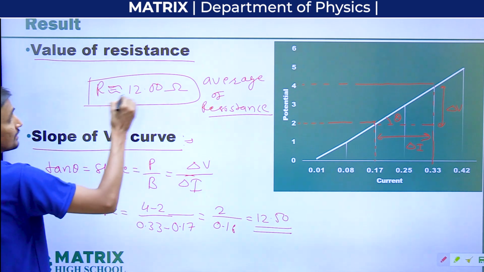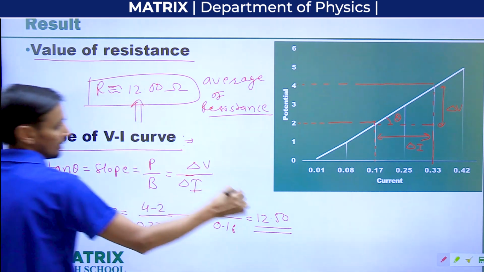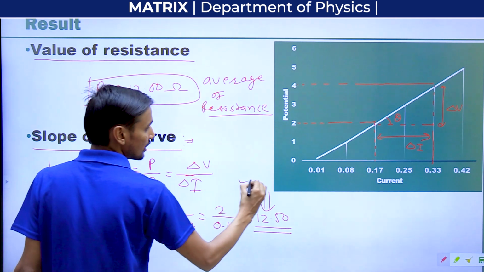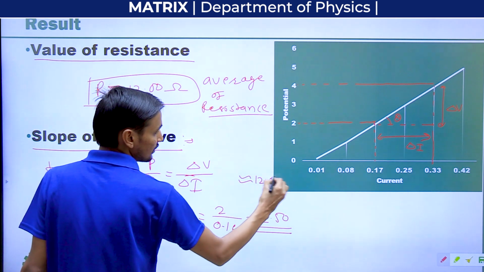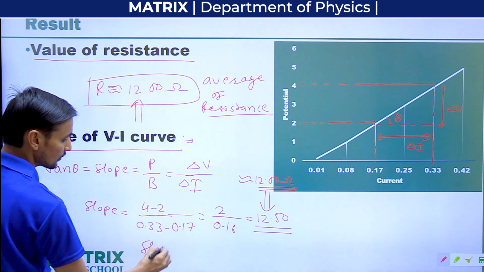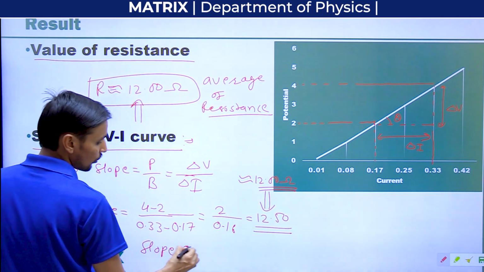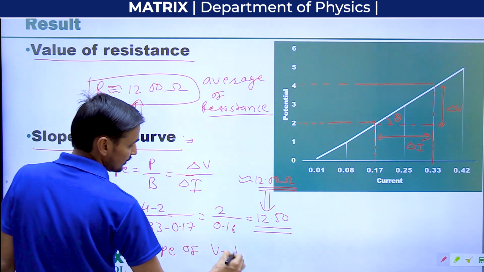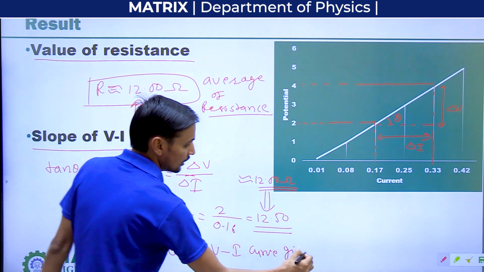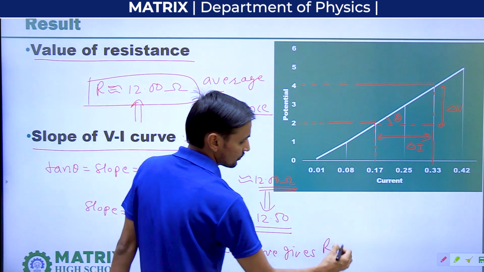And you can see that this is 12 ohm, and it comes out 12.50, that is approximately 12 ohm. So we can say that slope of potential current curve gives resistance of wire.